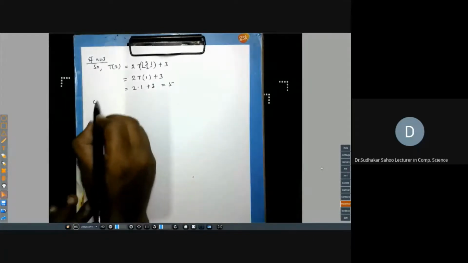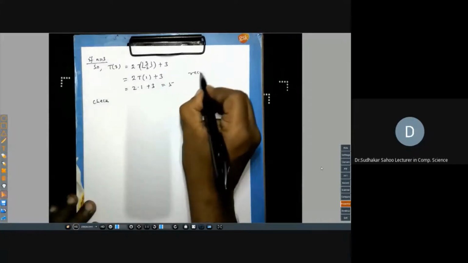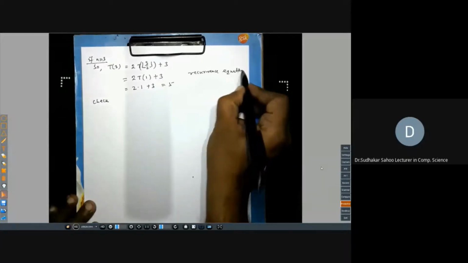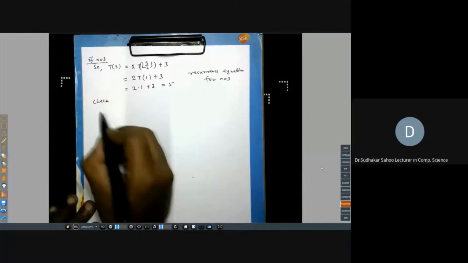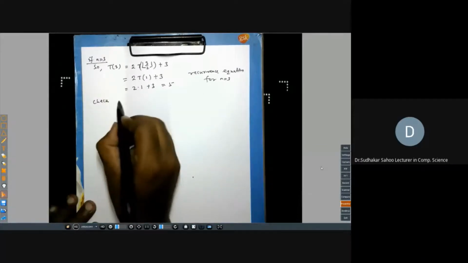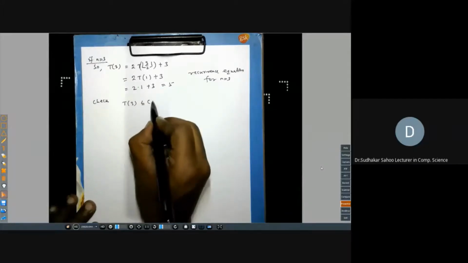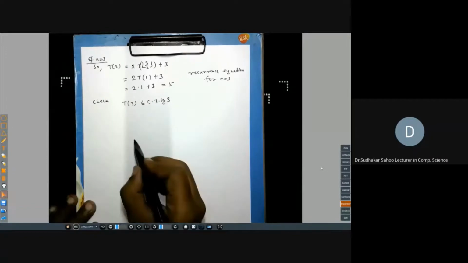Now check the solution: T of 3 less than or equal to C into n log n, 3 into Lg3. Can you find a C?